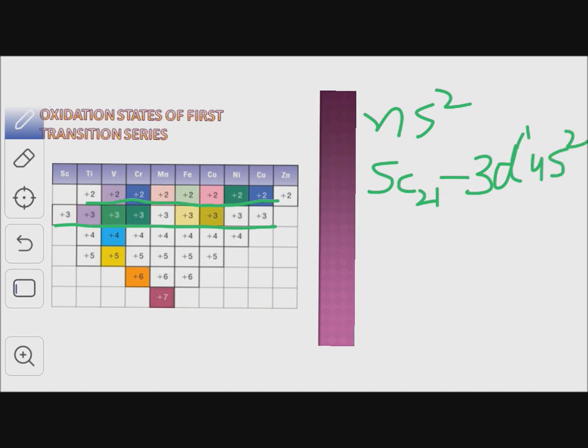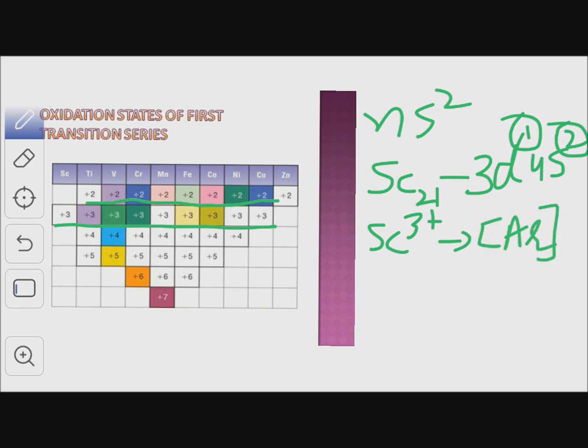In the +3 state, if it loses all 3 electrons, that is 1 electron from the d orbital and 2 electrons from the s orbital, it becomes argon 18, meaning noble gas configuration or stable configuration.